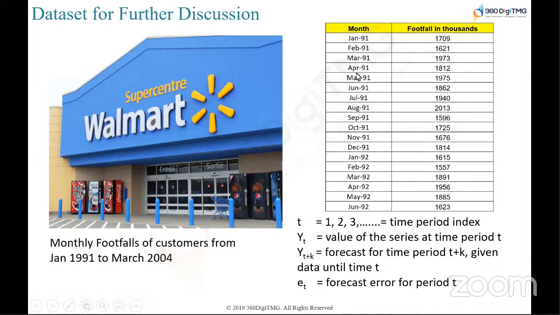So it can be monthly data, yearly data, data by the minute, data by the hour. It doesn't matter as long as the periodicity of the data is the same. If you have monthly, you continue to have monthly. If you have yearly, you continue to have yearly. All right. So that is something we discussed.